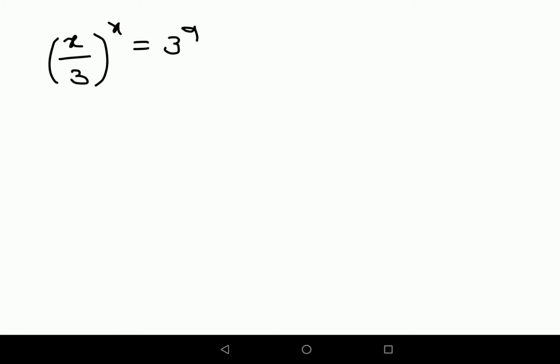Now please understand, whenever you have a question with variable raised to variable on one side, then on the other side you try to keep it as constant raised to the same constant, because when you have a raised to a equal to b raised to b, this directly implies that a is equal to b. Now here, you have x upon 3 as your base, and your index is just x. So what will we do? We will take the third root on both sides.